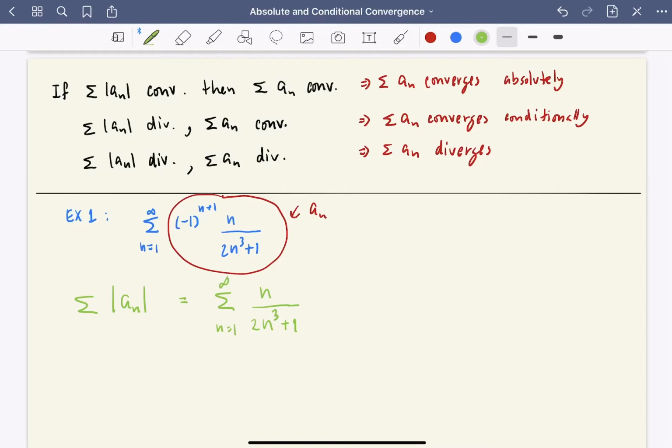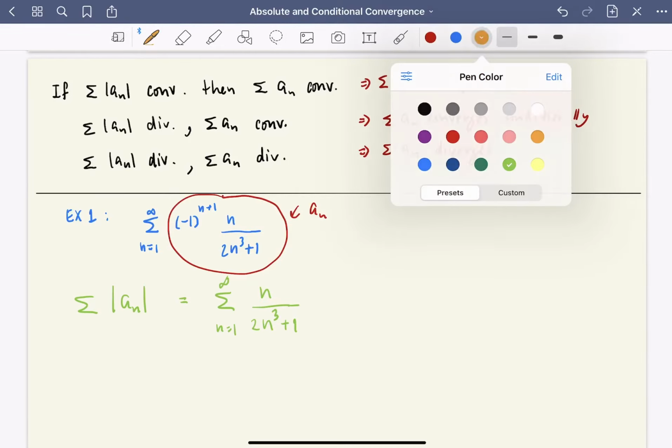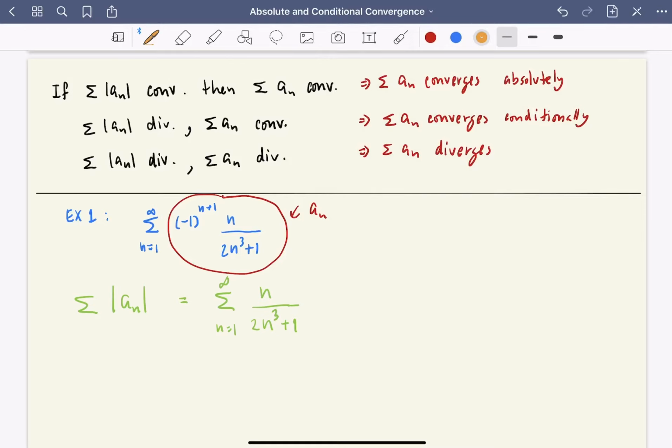Okay, does this one converge or diverge? How do we do this? Do you remember the limit comparison test? So we're going to compare this with, let's say, bn.